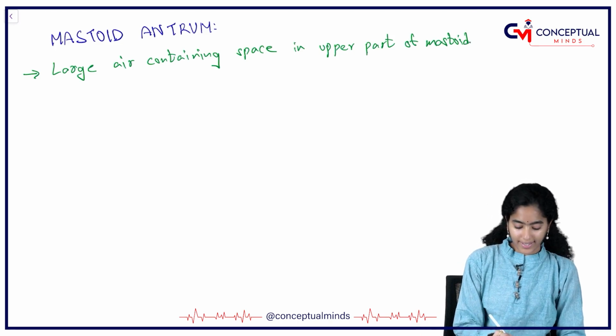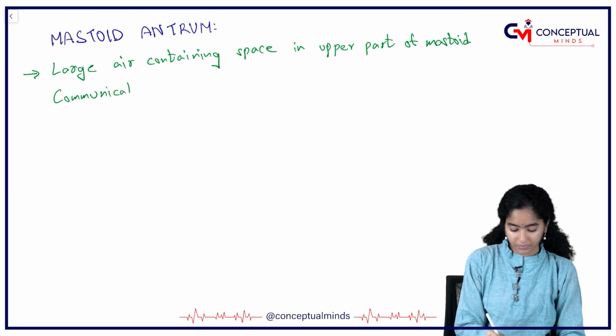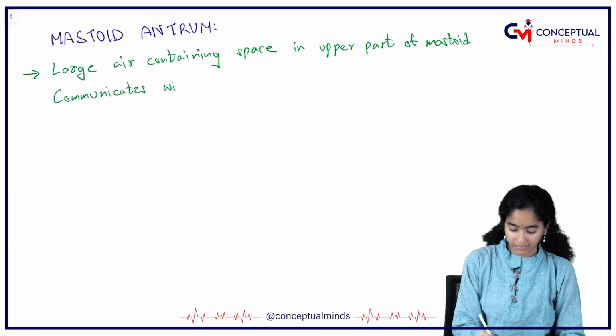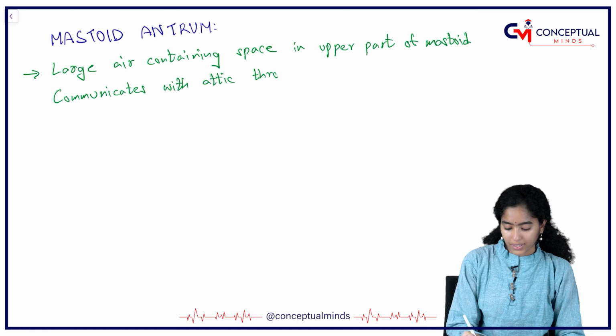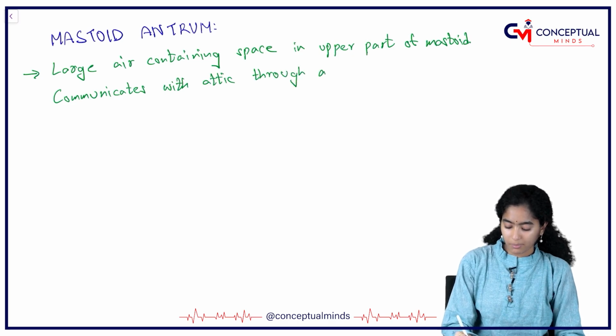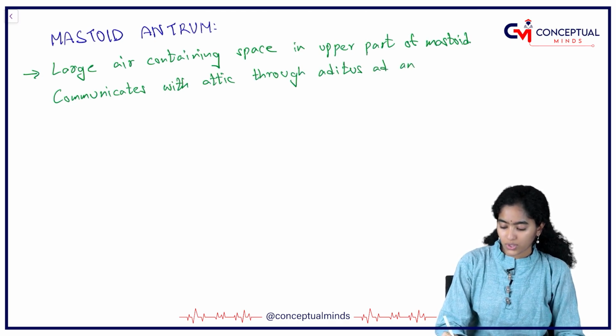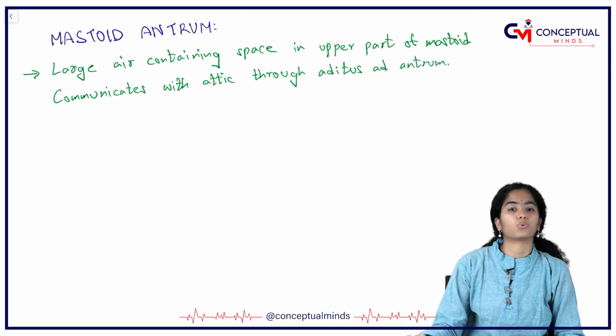And it communicates with the attic through Aditus antrum, that is an opening. We have learnt about this Aditus antrum while learning about the posterior wall of middle ear also.